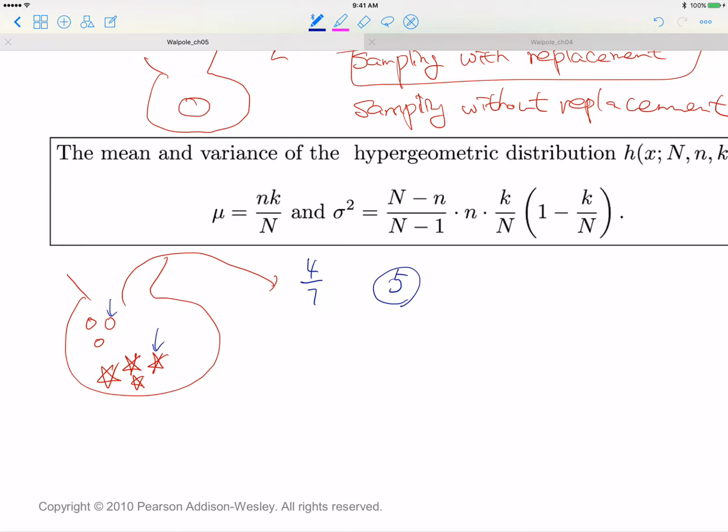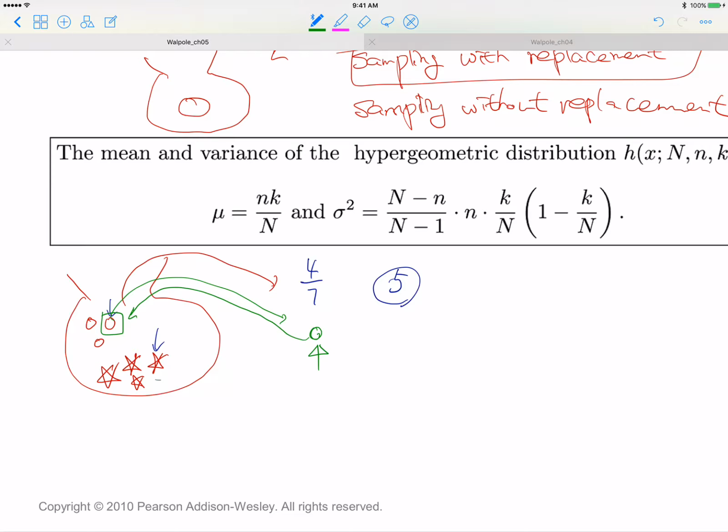Suppose we first picked up this ball, and we checked that it was a circle. If we put it back in the basket, the situation will remain the same, right? But if we do not put it back, then the overall probability will change, right?